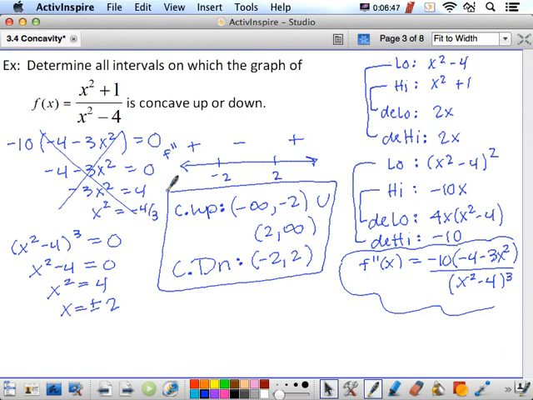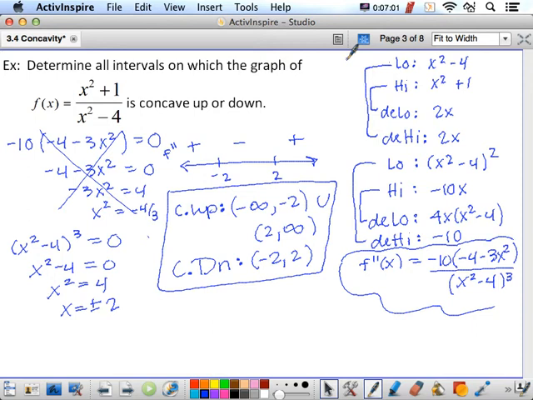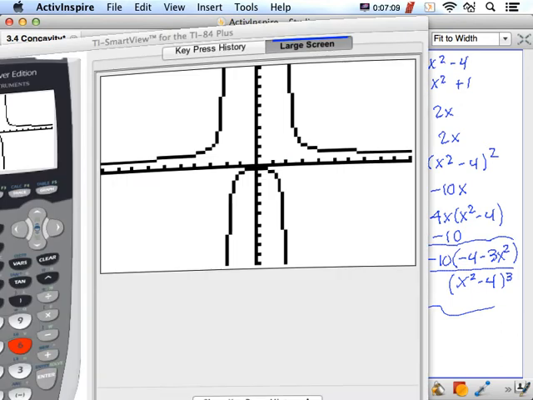Let's take a minute and just get a look at it. So when we actually graph it, let's see if we can pull it up. This is what we get.